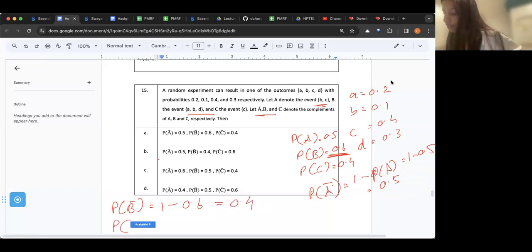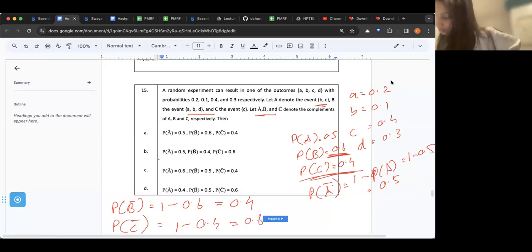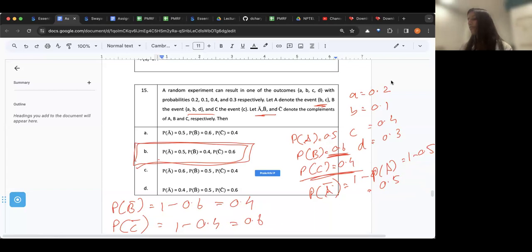And then probability of C complement is 1 minus probability of C, which is 1 minus 0.4, so 0.6. So 0.5, 0.4, and 0.6 is the correct answer to this question.